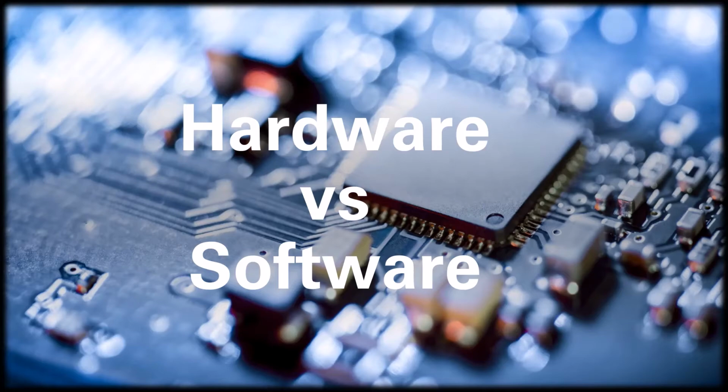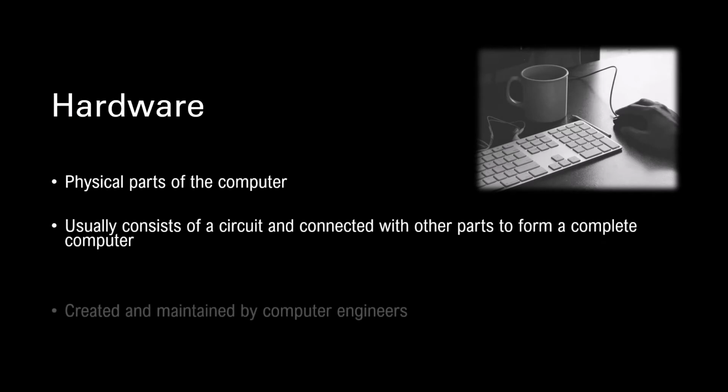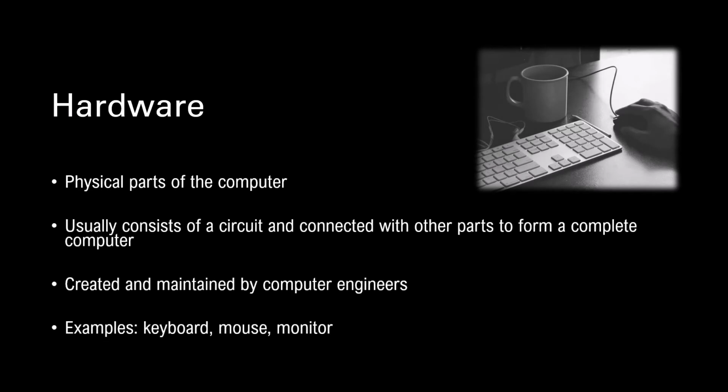So let's continue. And first of all, we have hardware. Like I said, hardware is essentially any physical part of the computer, and more visibly, it will be the external things such as keyboards and mouse and monitor, but also internally, right? So also the things that you cannot see, the things like the motherboard, the CPU, the chips, the circuits, all of these things are part of the hardware of the computer.